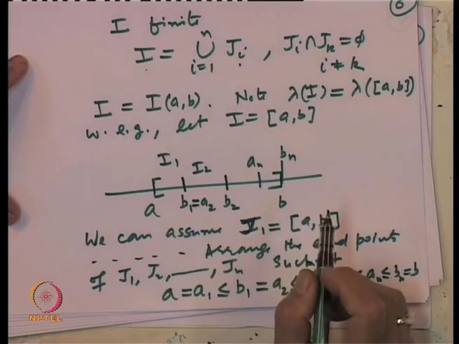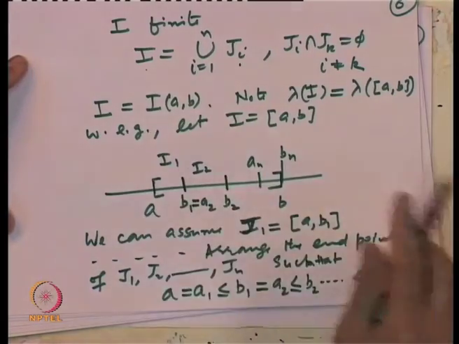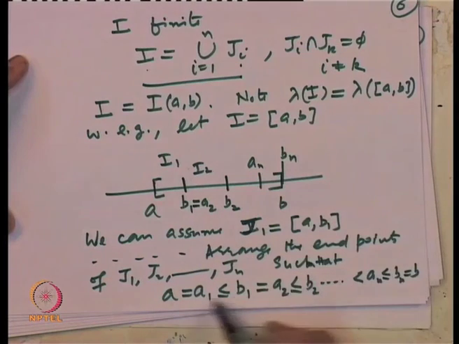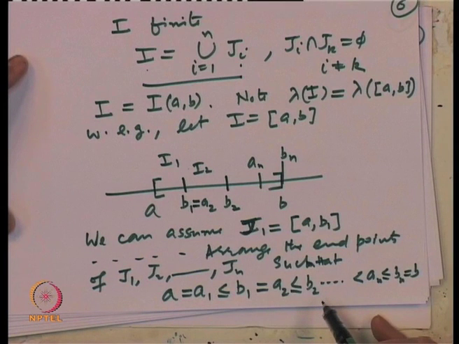So, we can rearrange these endpoints of these intervals, because this is a union and that is a disjoint union. So, this is what is possible for us to arrange.